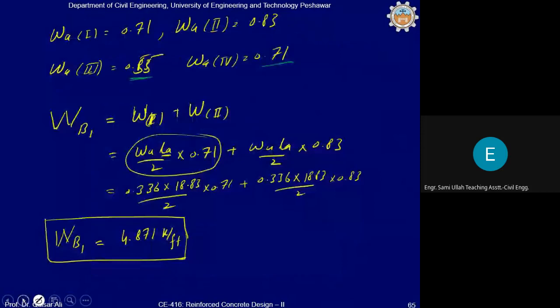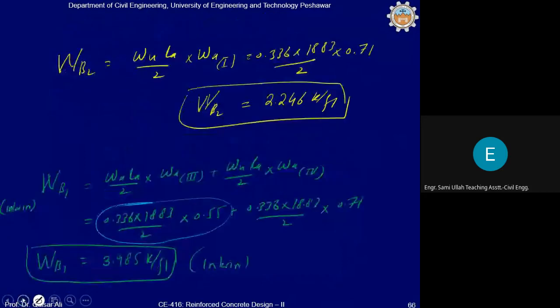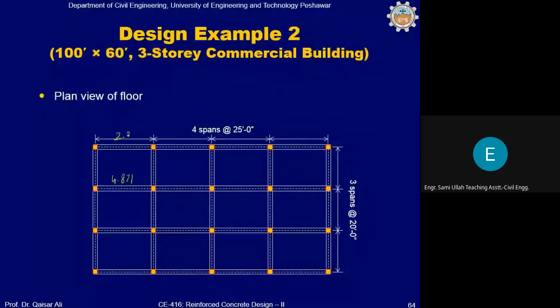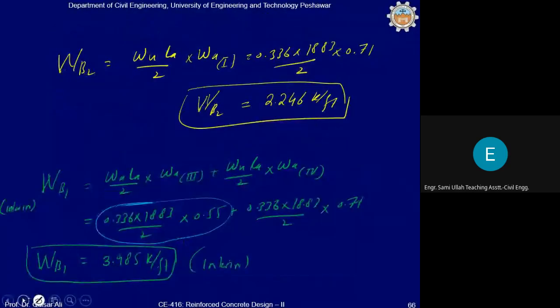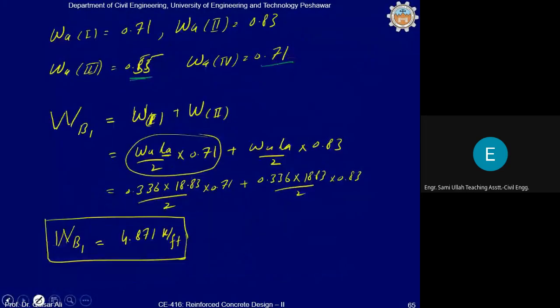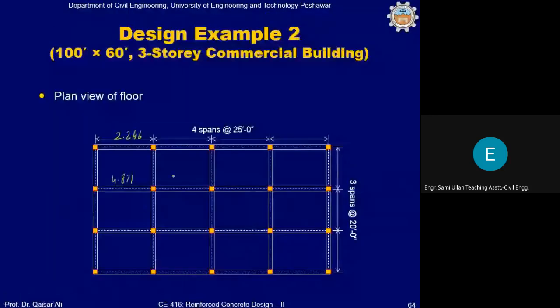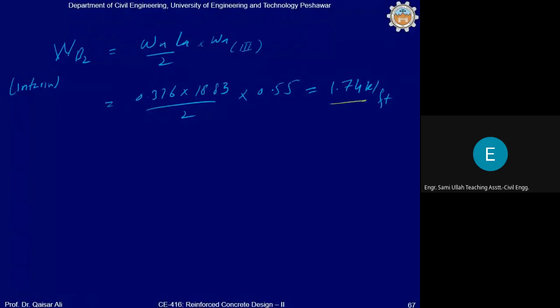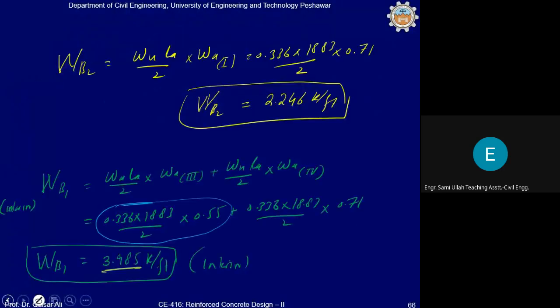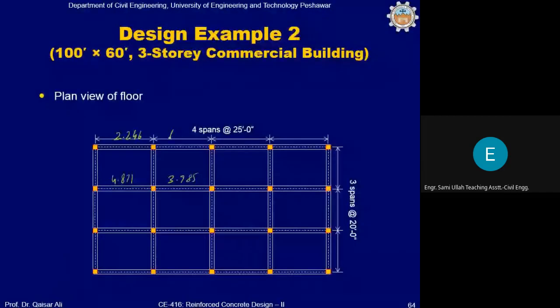Similarly, load acting on the B2 exterior span was 2.246. Load acting on the interior span of B1 is 3.985. And load acting on the interior span of B2 is 1.74.